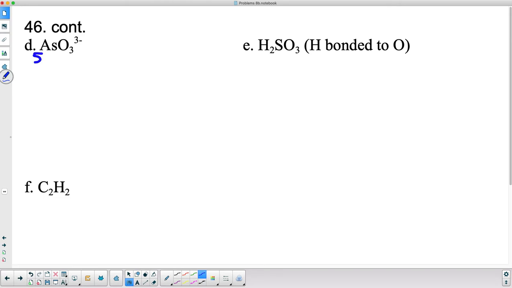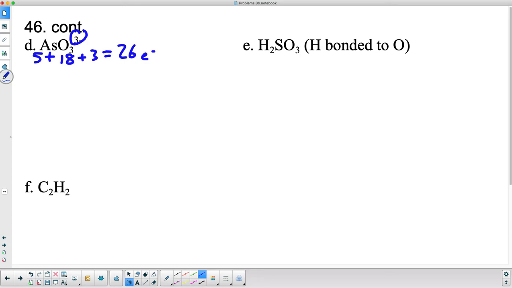Arsenic has 5 valence electrons, and then each oxygen has 6, which means there's 18 here, plus another 3 valence electrons because of the charge. That means an extra 3 electrons. So 5 plus 18 is 23, plus 3 is 26 electrons. So we have to account for 26 electrons here.